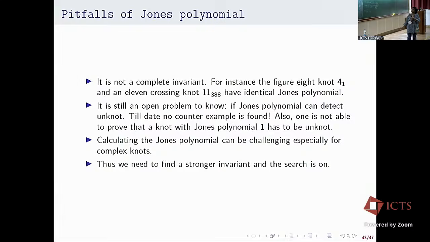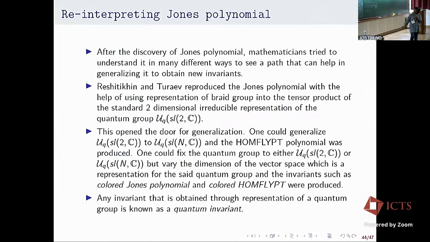So one wants to define more advanced invariants which could detect. There is a lot of advanced algebraic topology machinery, like if you learn some homology theories. There is a homology theory called Khovanov homology that turns out to detect the unknot.